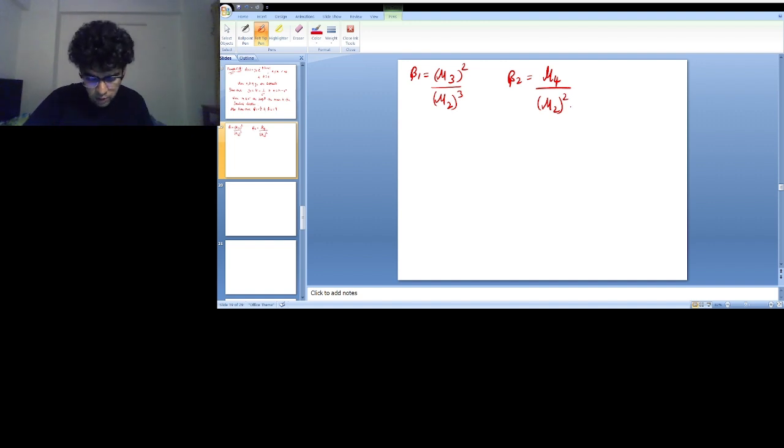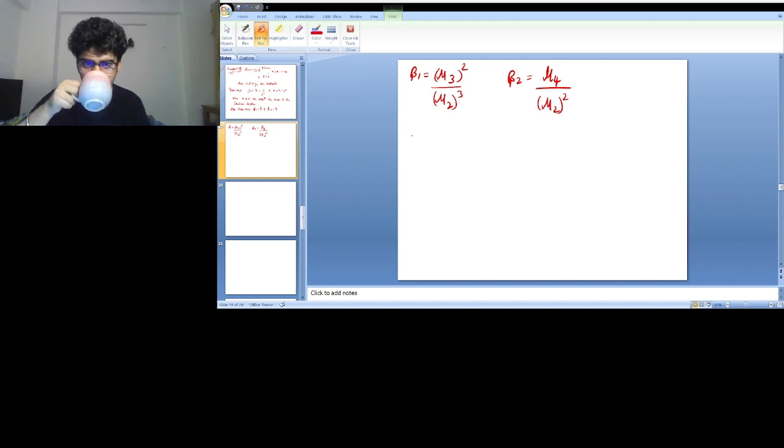Let me just check the formulas. Yes, mu 3 square upon mu 2 cube, and beta 2 is mu 4 upon mu 2 square, right?